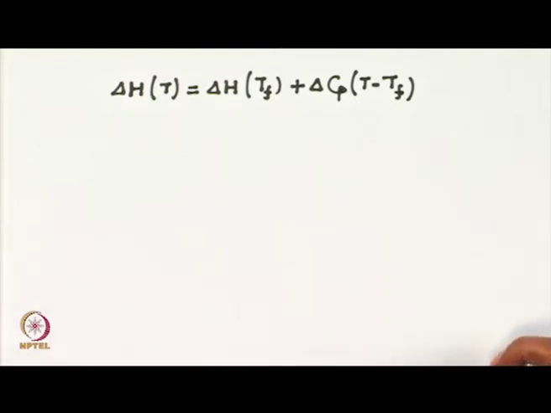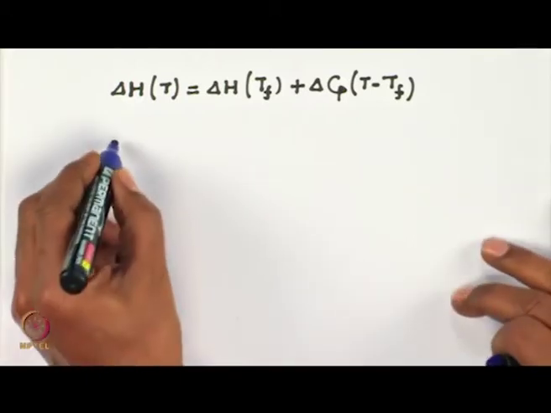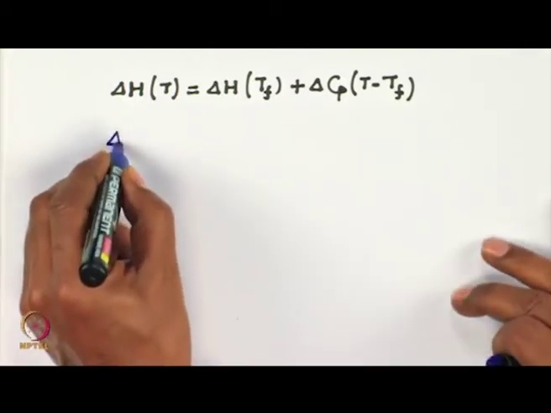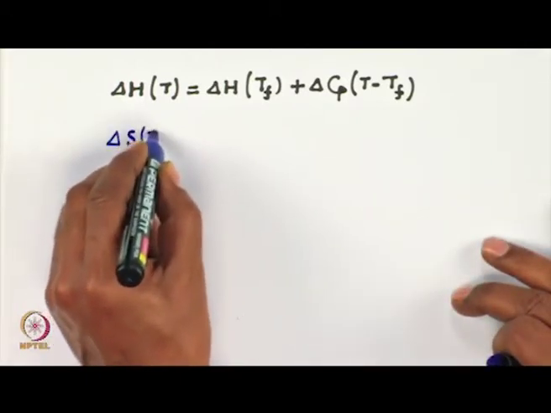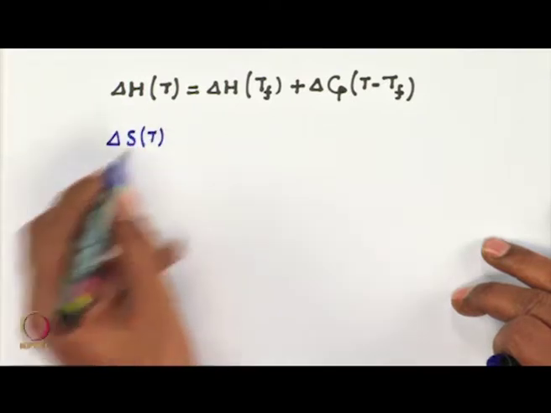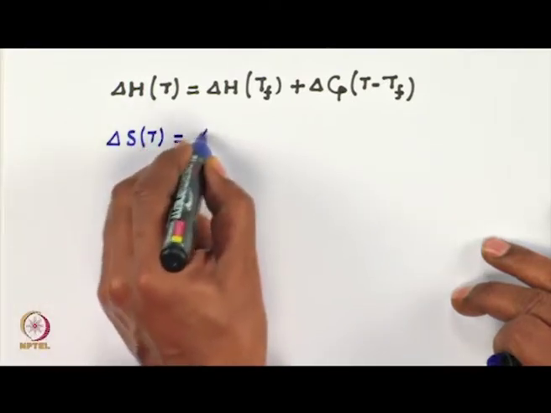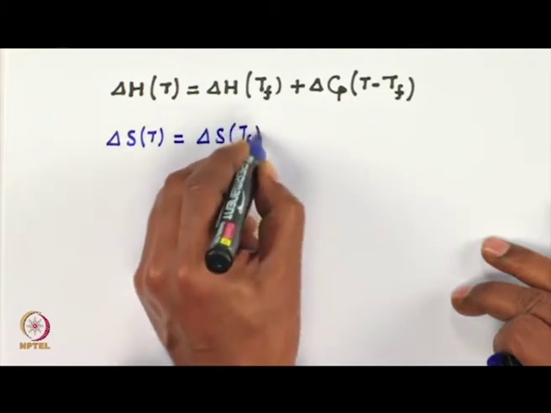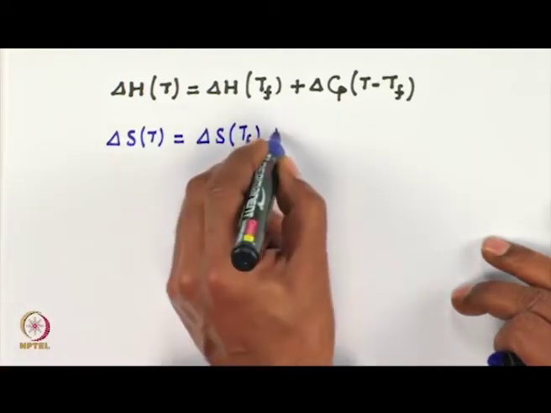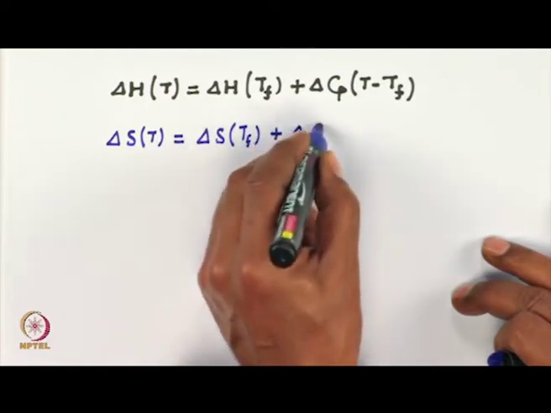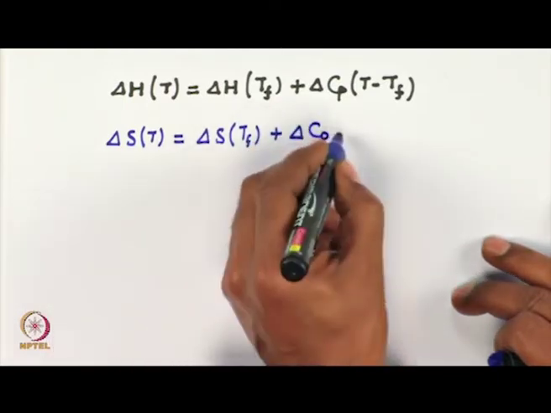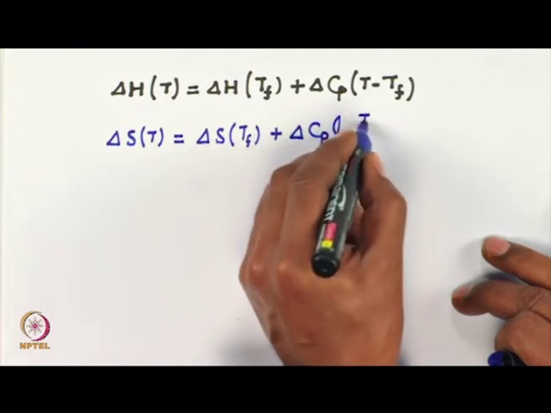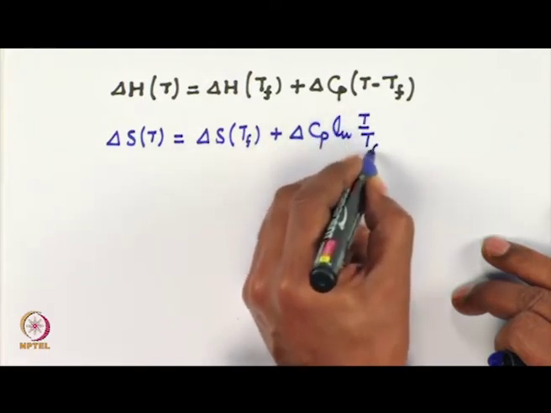Now, the second information that we need is on delta S. Delta S at any temperature, I can calculate from the knowledge of delta S, again let me use the freezing point, plus delta Cp log T by Tf.